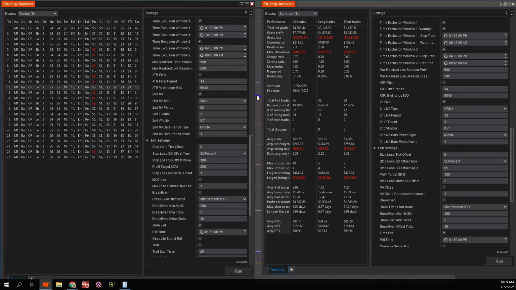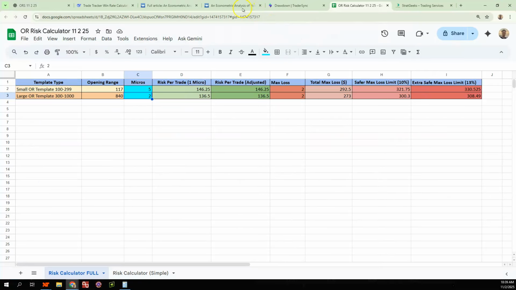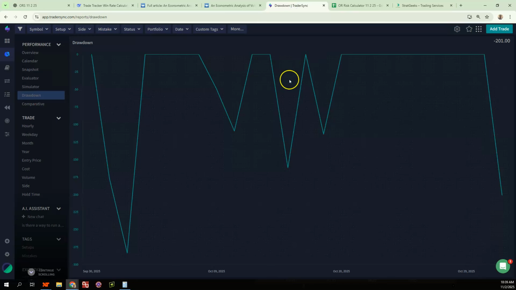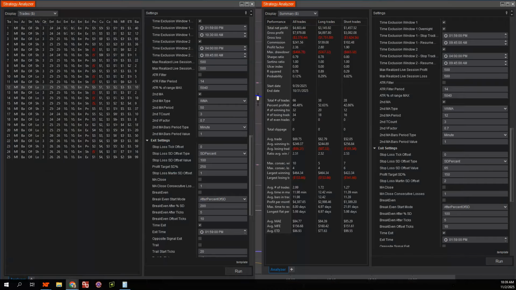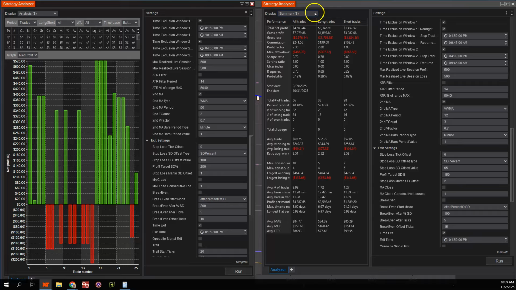Then you come into this program called TraderSync and add all of the trades from both of the optimizations, and it will combine the trades for you in order. The problem with these two data sets is that the drawdown's not in order. So let's look at the days real quick.